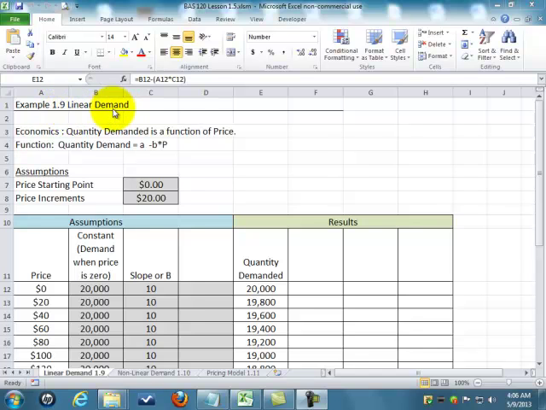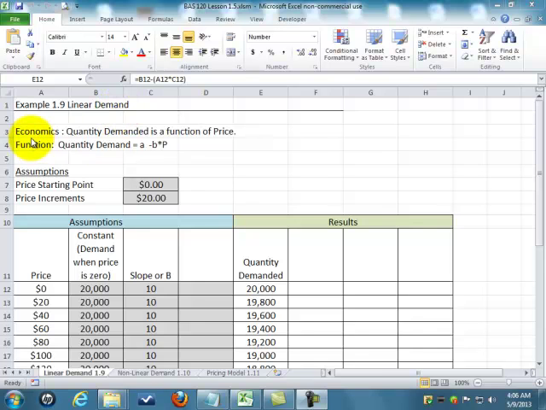Right now we're going to give you an example about linear demand. And if you remember algebra, linear demand is nothing more than a straight line, or your function has no exponentials, or exponentials of 1.